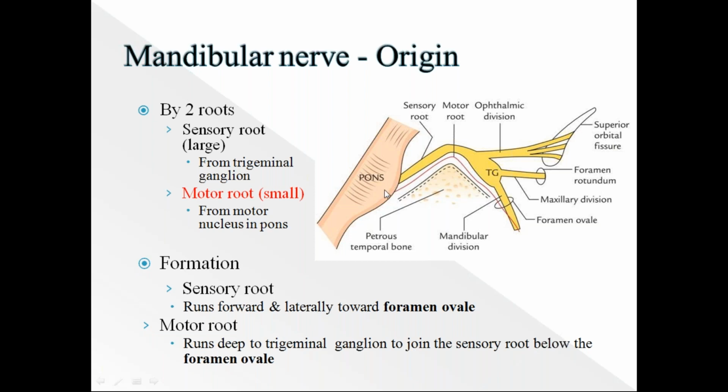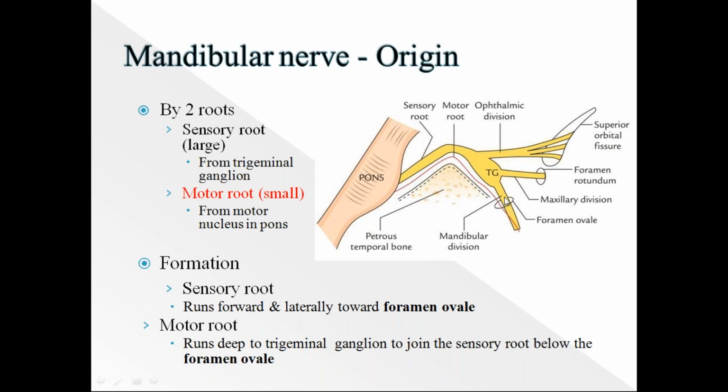Now, how the mandibular nerve is formed: the sensory root, after arising from the trigeminal ganglion, runs forward and laterally towards the foramen ovale, which is located in the middle cranial fossa. The motor root, after arising from the pons, runs deep to the trigeminal ganglion to join the sensory root just below the foramen ovale.